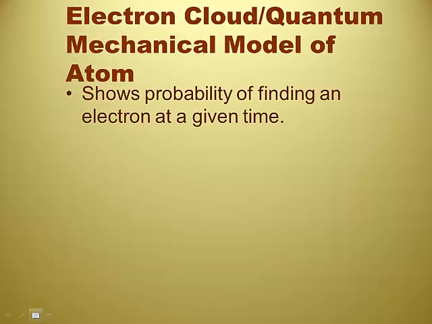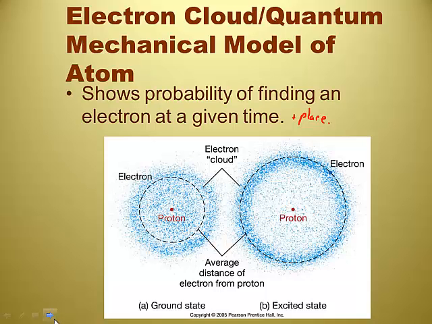Basically, the math that we just showed you shows the probability of finding an electron at a given time and place. It's kind of like statistics. And because it's giving you time and place, you can graph this. It's giving you x, y, and z coordinates. It's three-dimensional, so you can get a picture of what the electron cloud looks like.